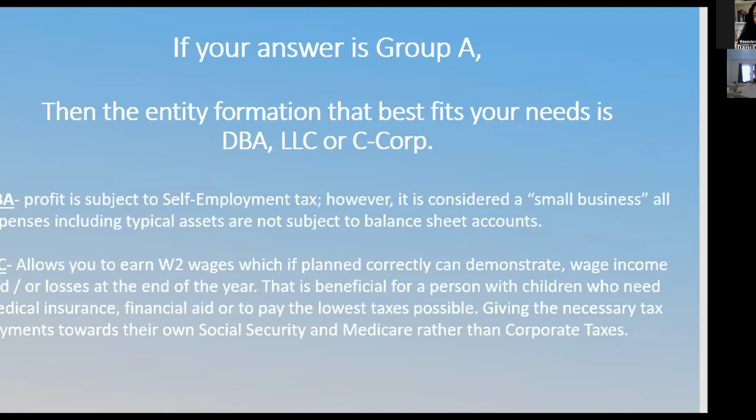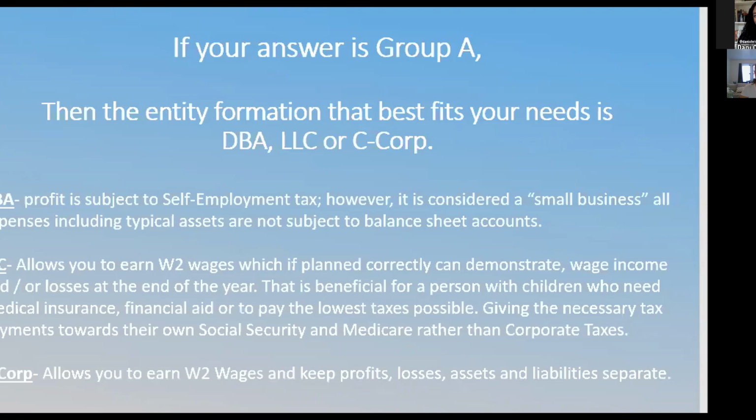And if you plan your finances correctly, you can demonstrate a wage income, and you can also possibly demonstrate losses at the end of the year to lower your tax liability. Not that you're scamming the IRS, but simply you know when and where to use your money. Another thing is that it allows you to take advantage of any situation, but keep yourself separate from the business. C Corp as well.